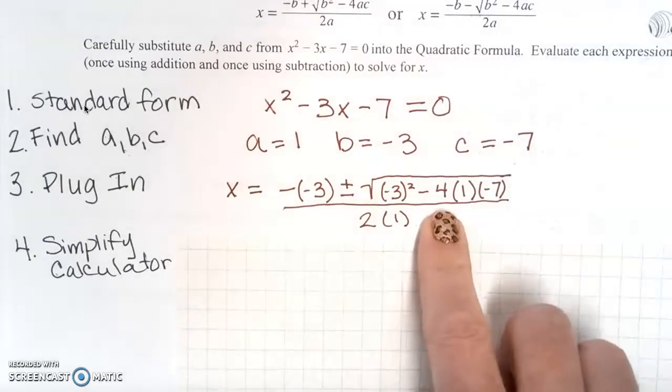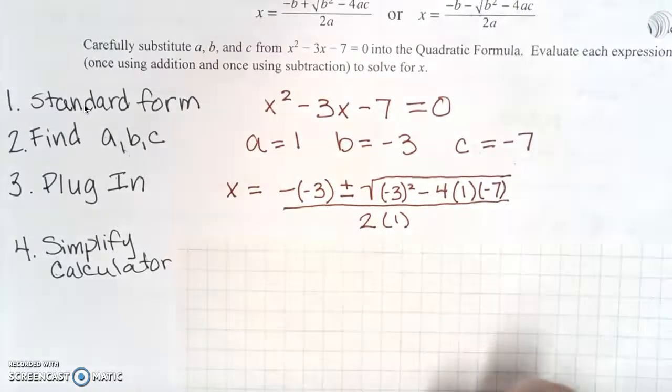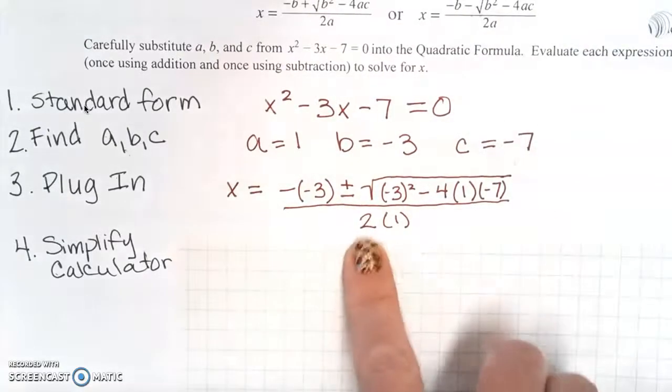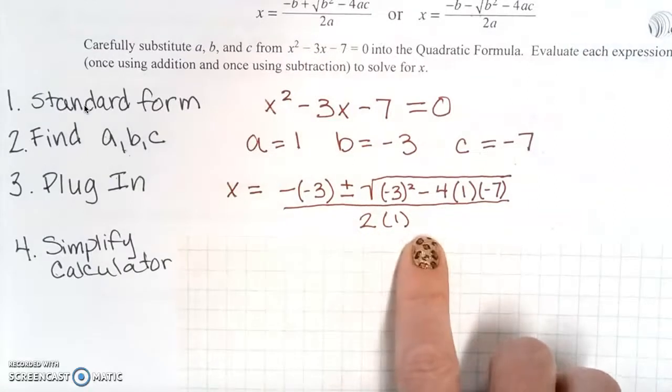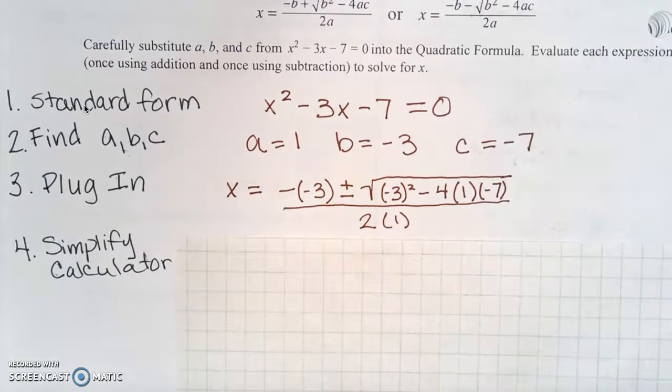Minus 4, which is part of our formula. Then we plug in a, which is 1, c, which is negative 7, and then we put it all over 2 times our coefficient of a, which is 1. Okay? The first time you do this step, don't try to simplify. Simply write it with everything plugged in.